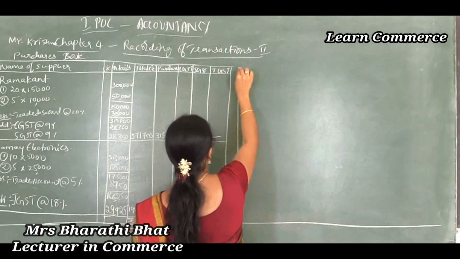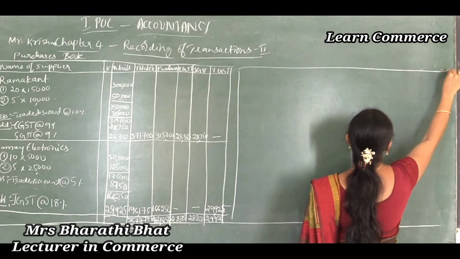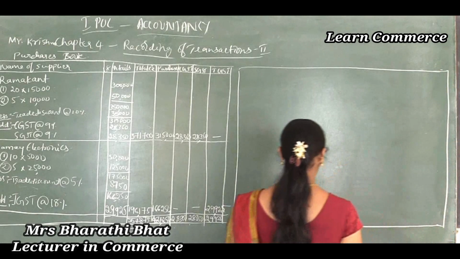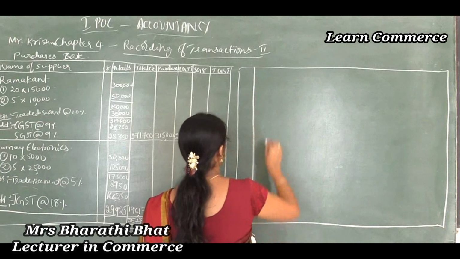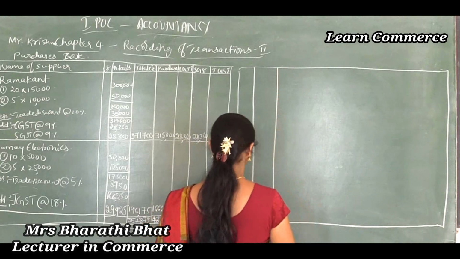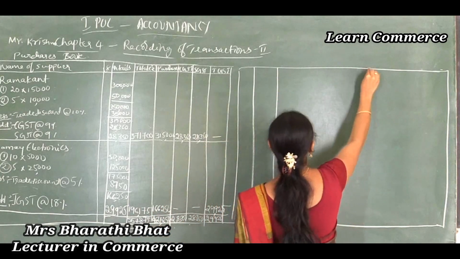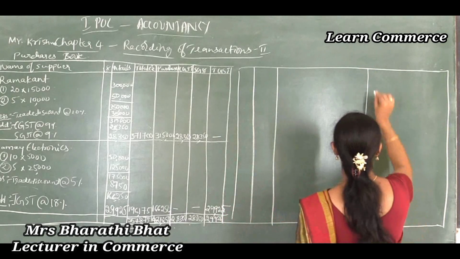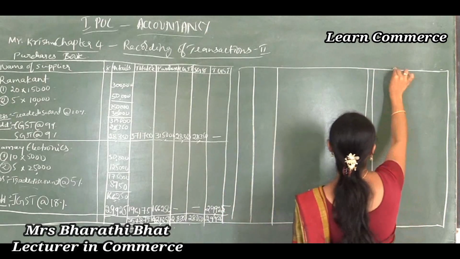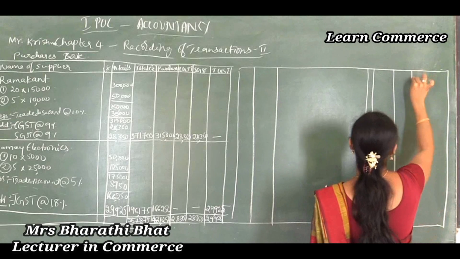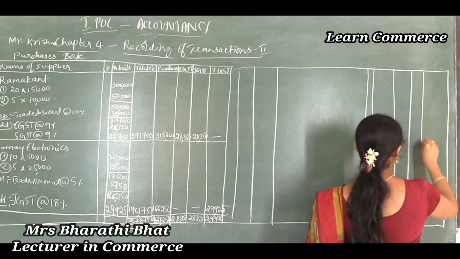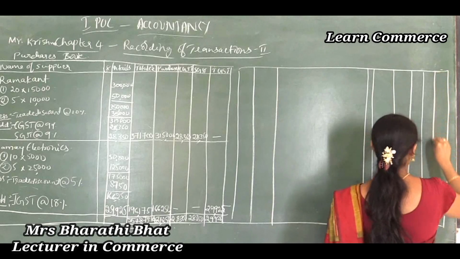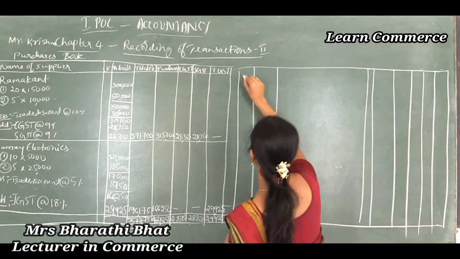So prepare purchase returns column, the same column but debit, instead of invoice number we have to write debit note number, name of supplier, LF, details, purchases, CGST, SGST and IGST.